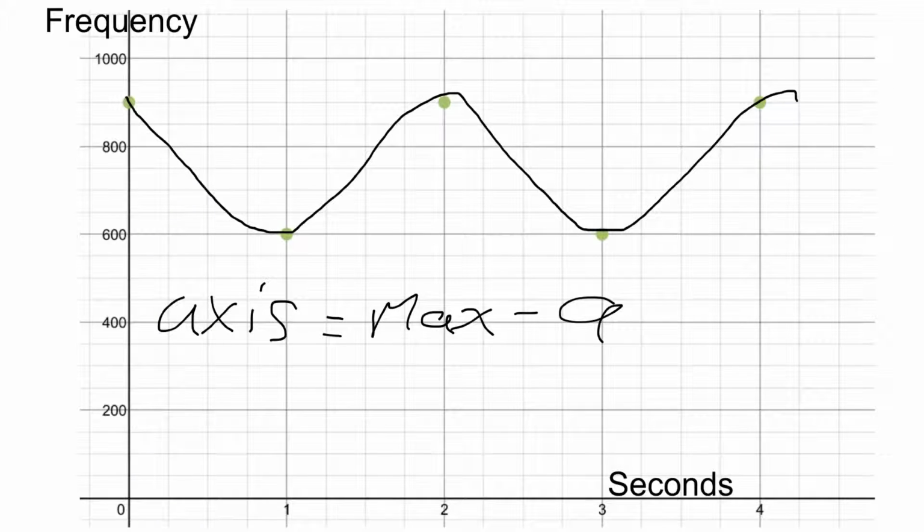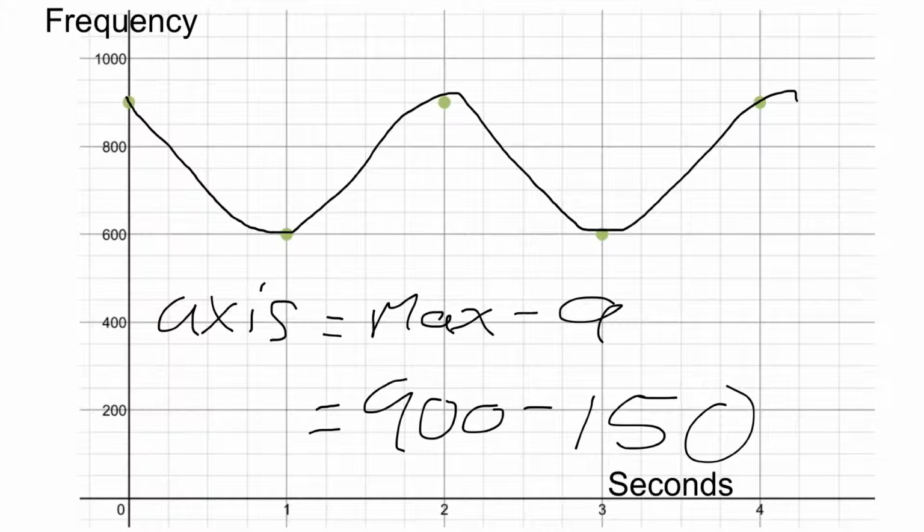So what's our maximum? 900. What's our A value? 150. So what's our axis of symmetry? 750. Alright, what is the axis of symmetry for a normal cosine function? 0, exactly.